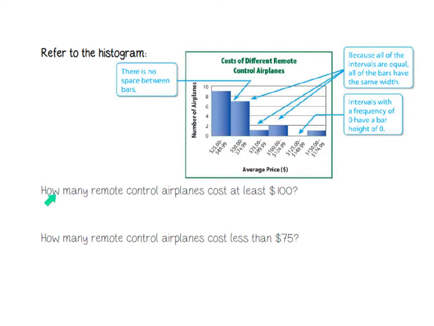So let's look at our first question. How many remote control airplanes cost at least $100? So, can it cost $100? Yes, it can. It has to cost at least $100. So, 100, and then it has to be greater than or equal to 100.